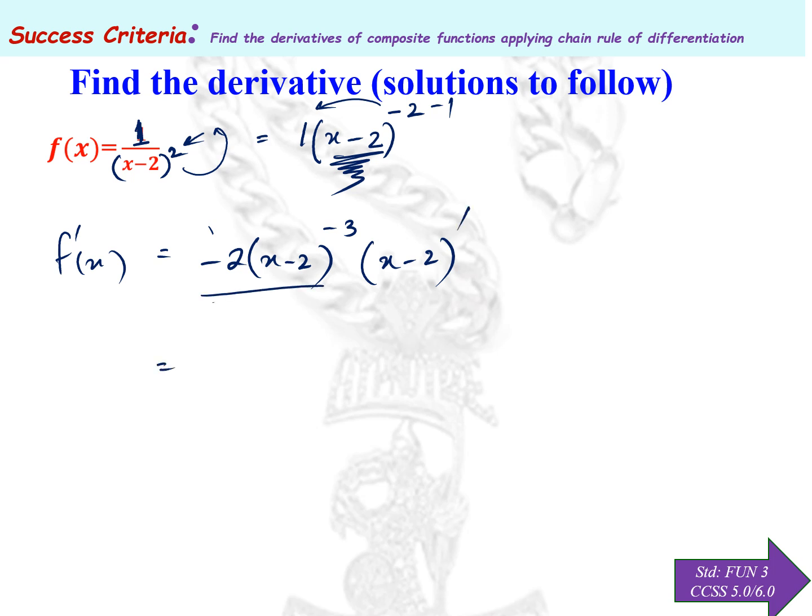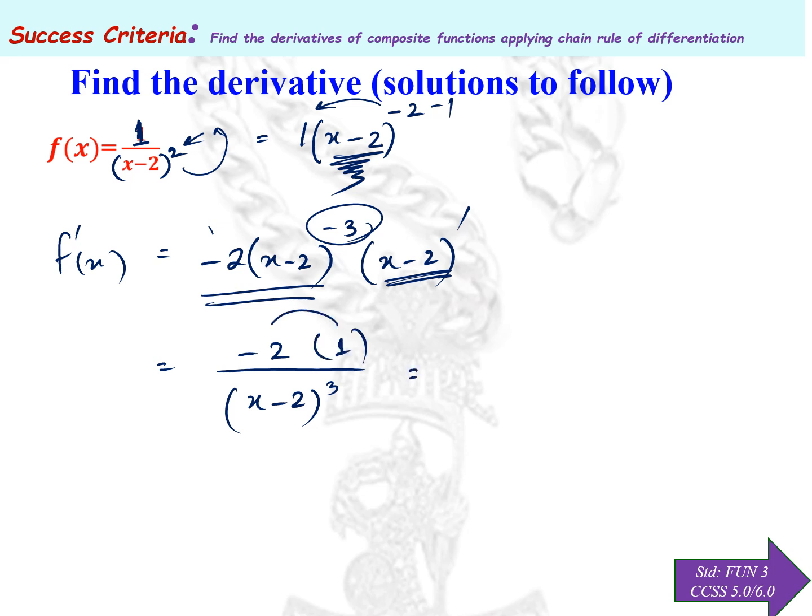Now here we have no prime, but there is a negative power, so write it again in the denominator to convert the sign of the power. The derivative of x is 1. Now simplify, minus 2 times 1 is negative 2 divided by x minus 2 whole cube.